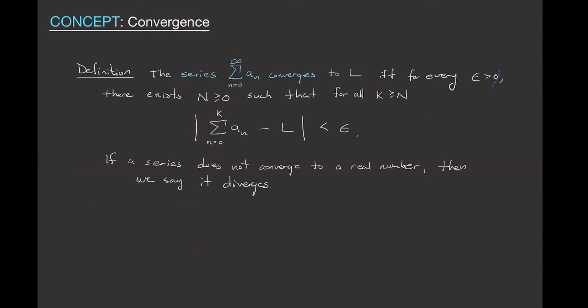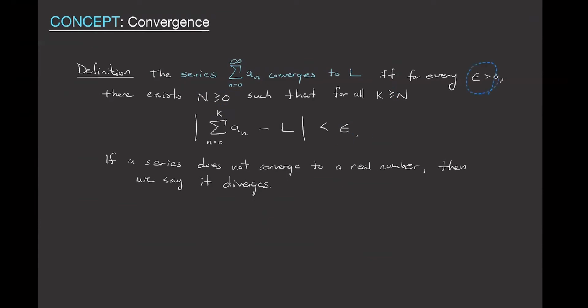So the idea is you pick a small epsilon, and you try to guarantee that you can find a capital N big enough such that as long as your ending index is larger than that, you're going to be really close to L.